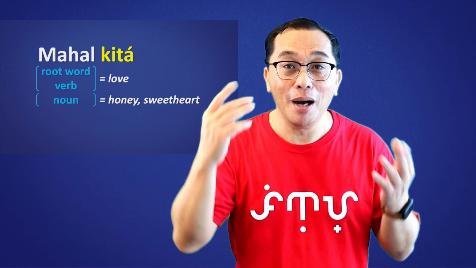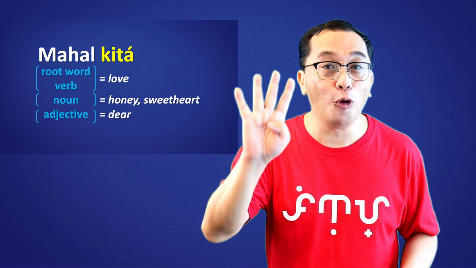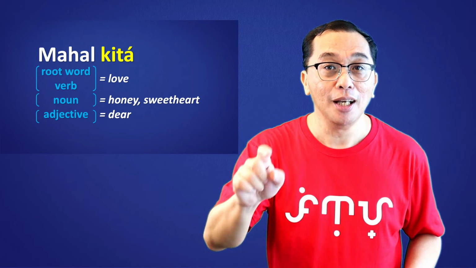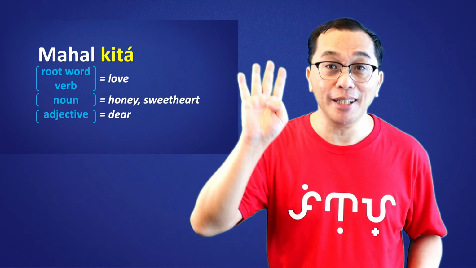But wait, there's one more. Mahal is also an adjective. It also means dear. Like when you write someone in Tagalog, the salutation would be Mahal kong Peter, Dear Peter, or Mahal kong Marie, Dear Marie. So, Mahal has 4 personalities here. A root word, a verb, a noun, and an adjective.